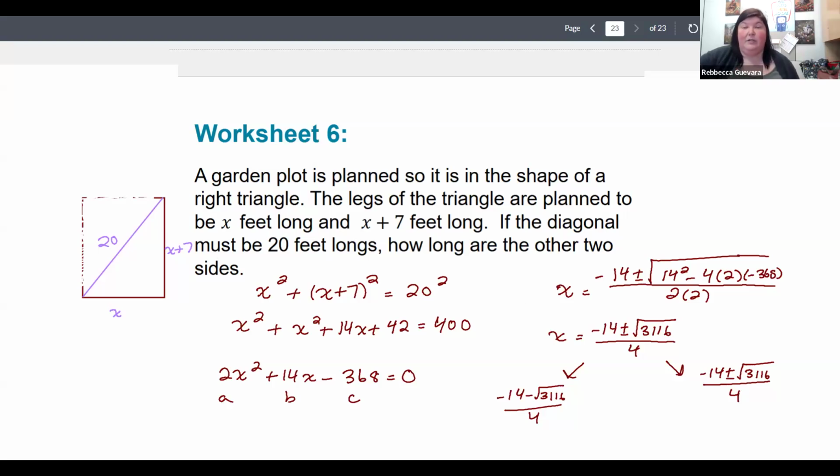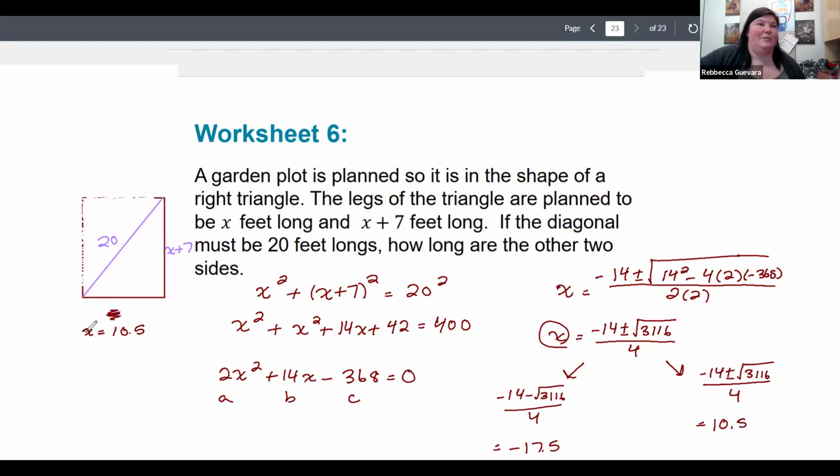Divided by 4. Then this is going to say that x should be a negative 17.5, or it's supposed to be a 10.5. 10.5 seems to make a little more sense because we're talking about the lengths of garden plots. So it's x, right? So the x is 10.5.